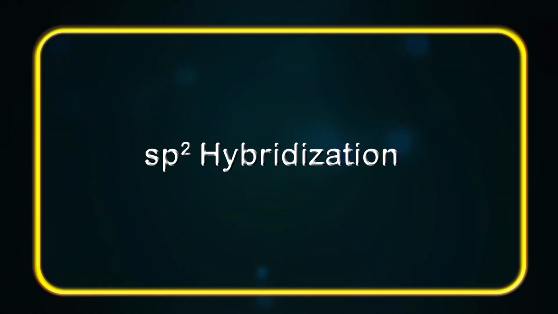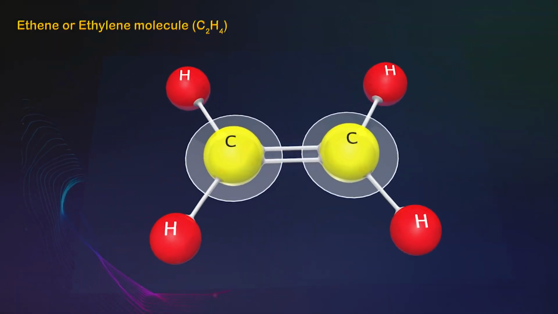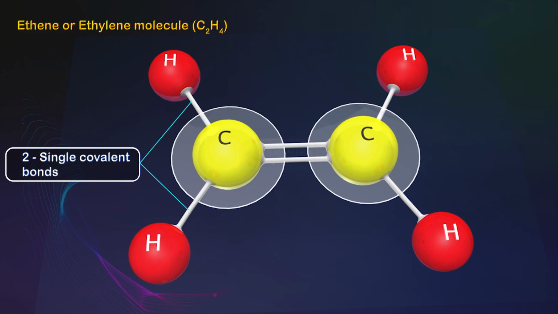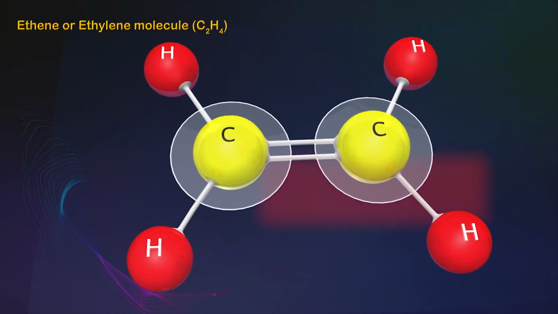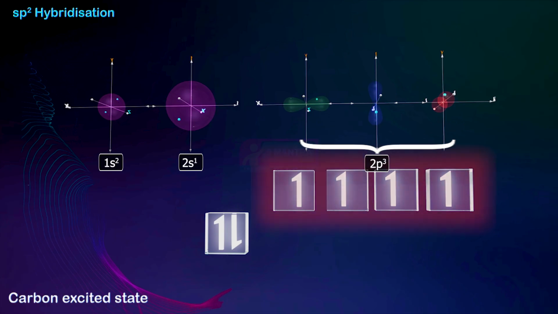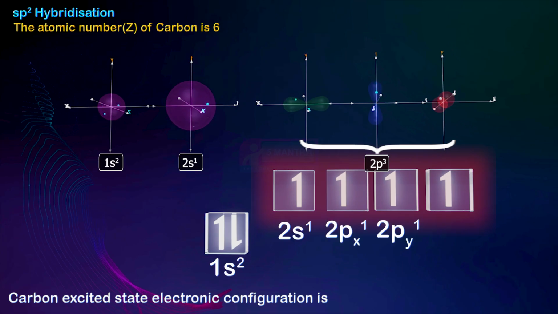sp2 hybridization. In ethene or ethylene molecule, carbon atom forms 2 single covalent bonds and 1 double bond. It can be explained with sp2 hybridization. The excited state of carbon atom has 4 half-filled orbitals and its electronic configuration is 1s2, 2s1, 2px1, 2py1, 2pz1.